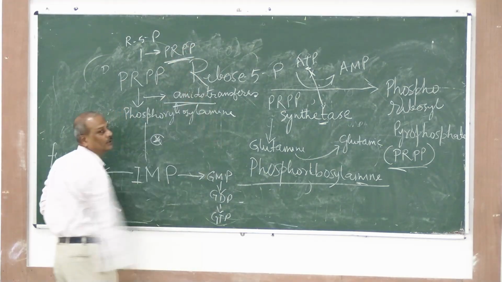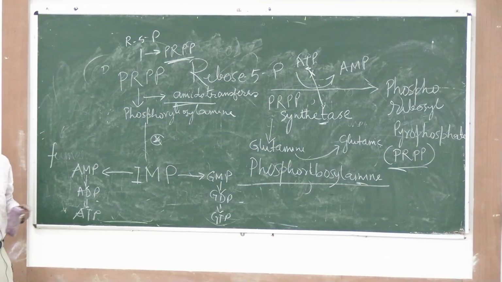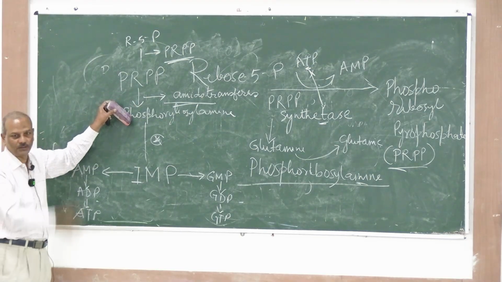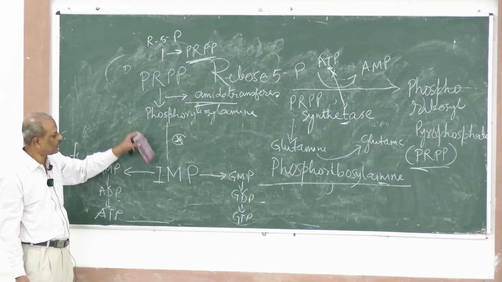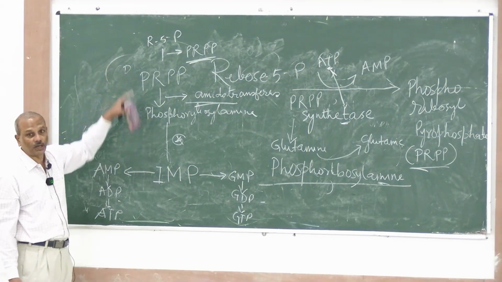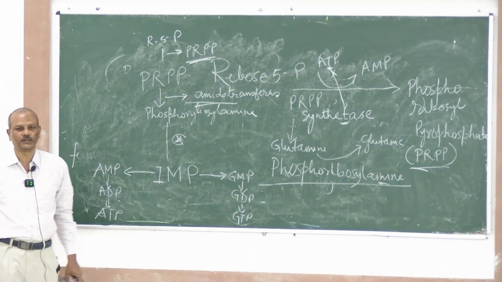That's why I am telling you, you have to remember only these 2 steps. And this is a committed step, means once this step is over, it will be produced to IMP. And to produce IMP, 6 high energy compounds are required.